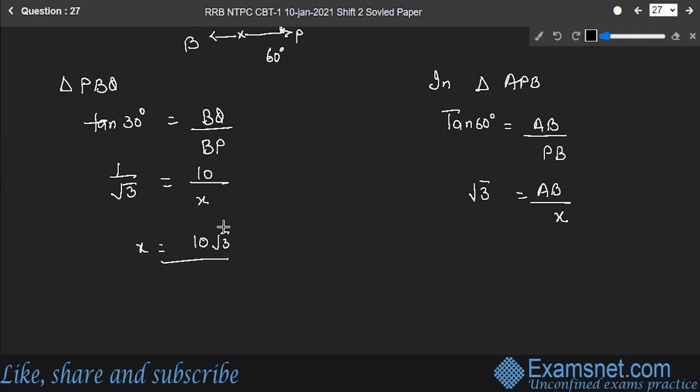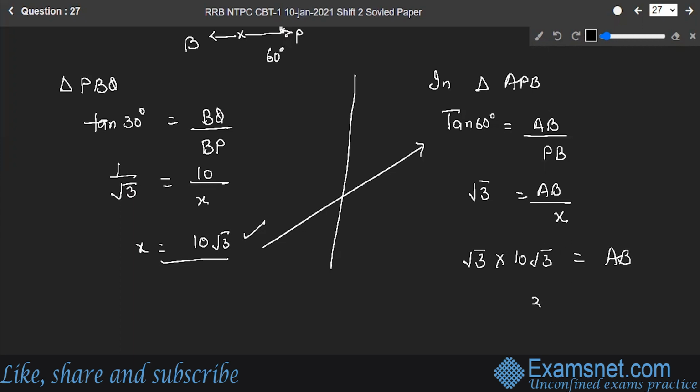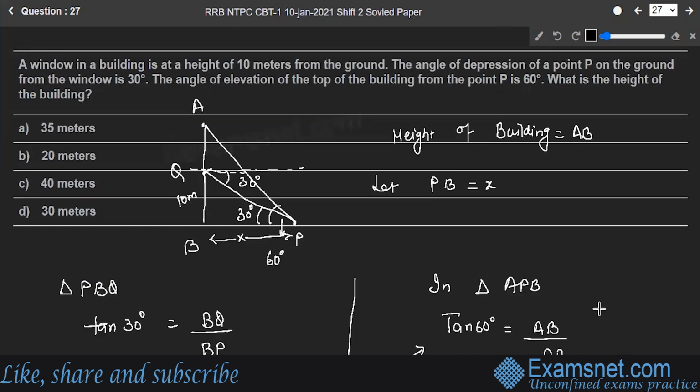PB is your X, and we just calculated the X to be 10 root 3. So, root 3 times 10 root 3 is equal to AB. That means 30 is equal to AB. So, you got the value of AB as 30 meters. Option D is the correct answer. Hope you got that. Next is question number 28.